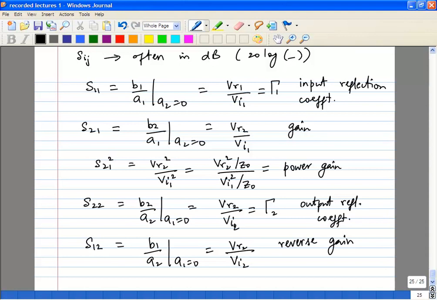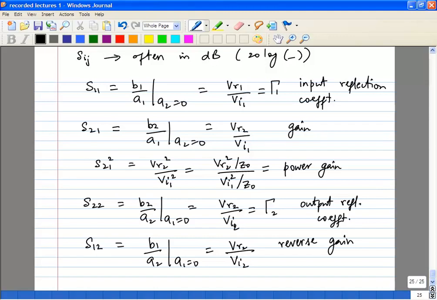So normally what do you want? Normally if your system is very well matched, if your 2-port is well matched to your characteristic impedance Z0, there won't be any reflections, and therefore S11 would be very small. Similarly, if the output is very well matched, S22 would be very small.